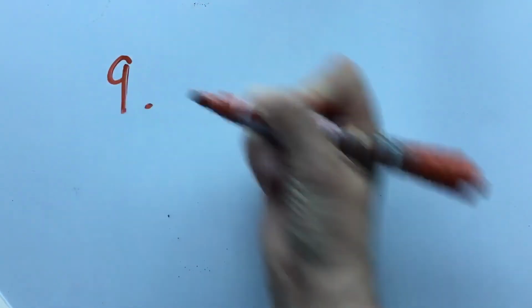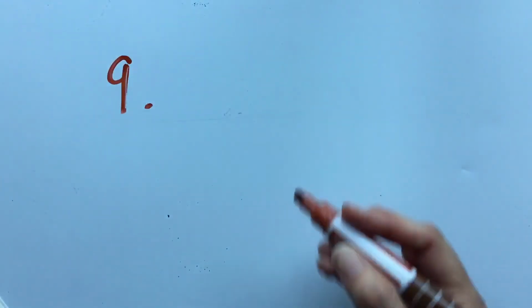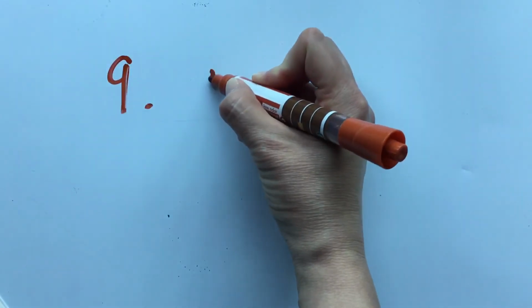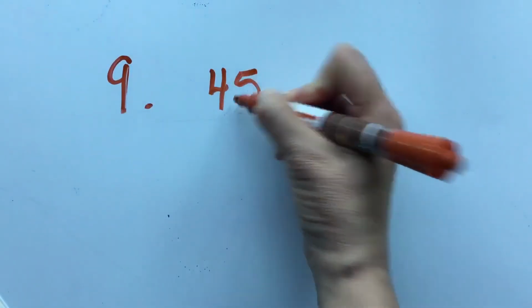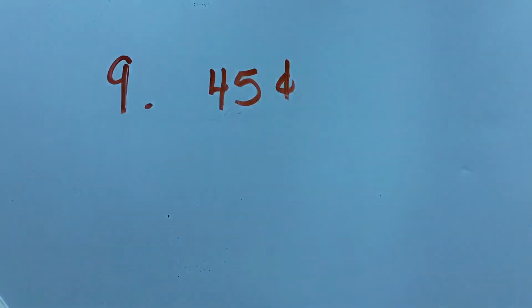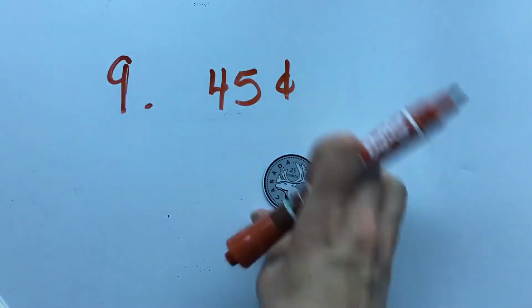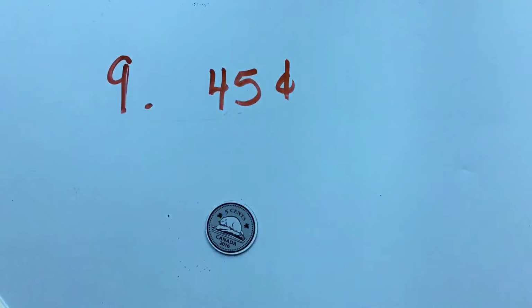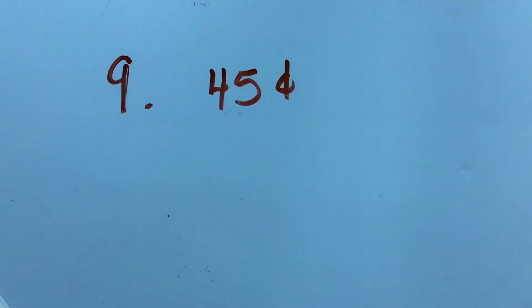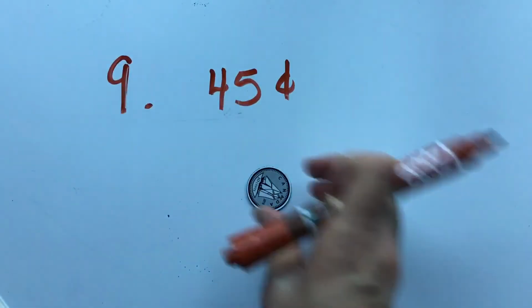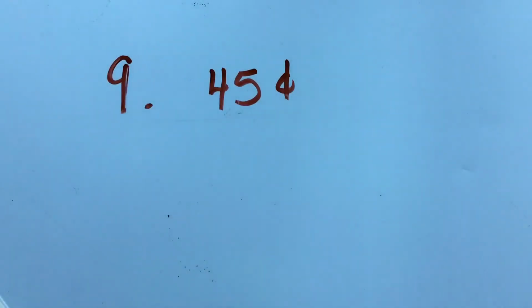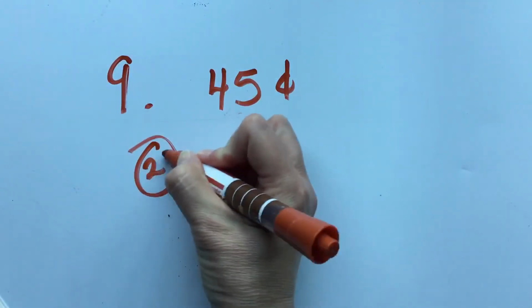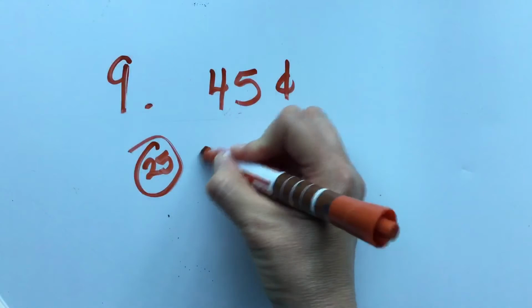Okay? So I'm going to take a look at some examples for question number 9. In this one, you have to add 2 coin values. So let's say I want to get to 45 cents. I'm not just going to add quarters. I'm not just going to add nickels. And I'm not just going to add dimes. I'm going to have a combination of 2 coins. So what if I have 25 cents and I have a nickel?